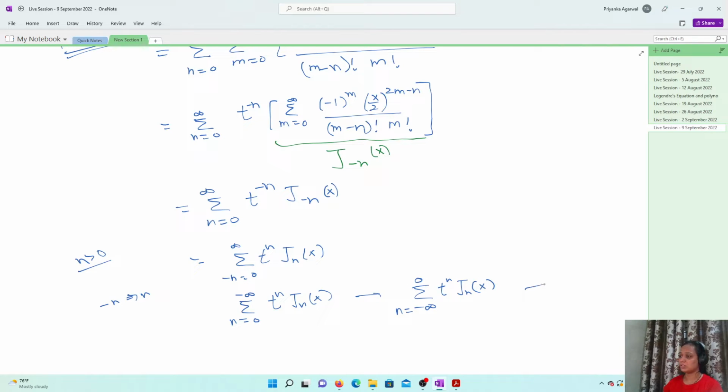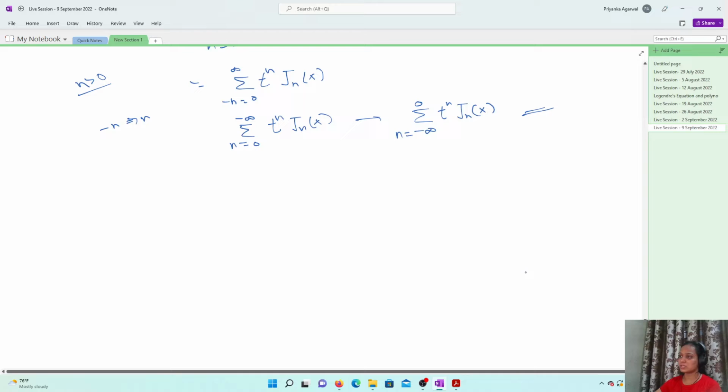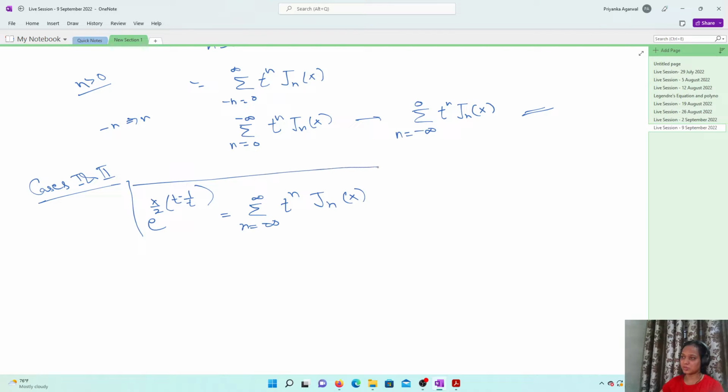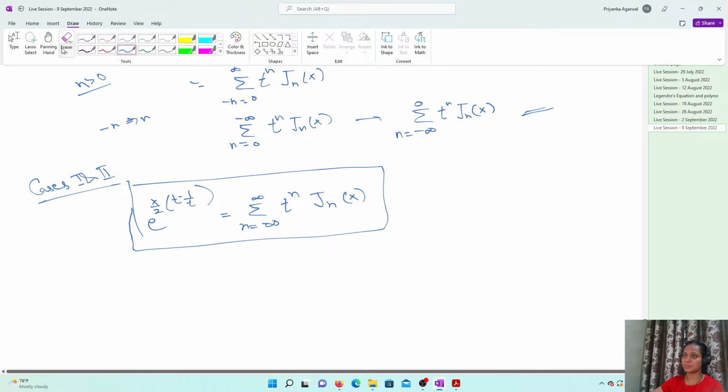Right? Now, if you combine both cases 1 and 2, if you look at both of them simultaneously, you can write that e to the power x by 2 into t minus 1 by t can be written as summation n equals minus infinity to infinity, right? t to the power n J n x. So this is what we wanted to prove, and we have shown this.